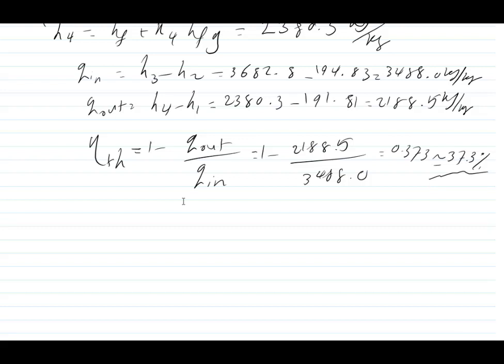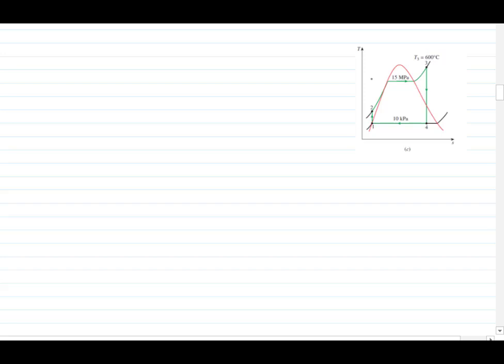Next, we will see the answer for part C of the question, and how the changing of the pressure affects the cycle efficiency. In part C of the question, it is mentioned that the pressure in the boiler will increase to 15 megapascal. If you remember, in parts A and B the pressure in the boiler was 3 megapascal.